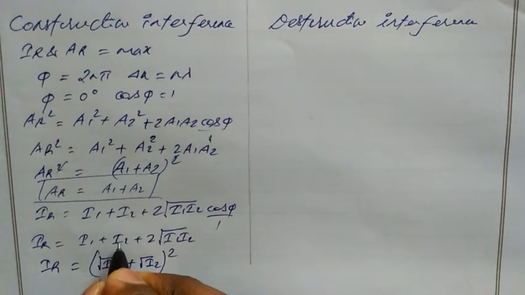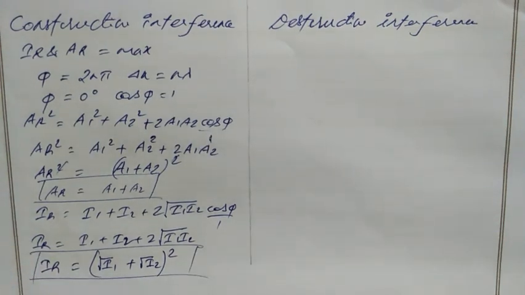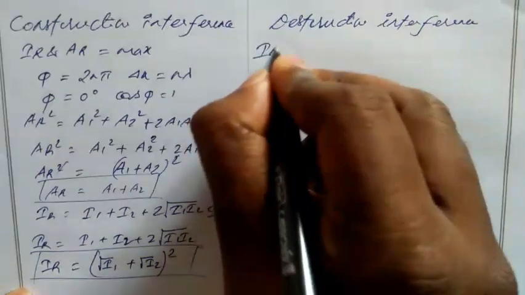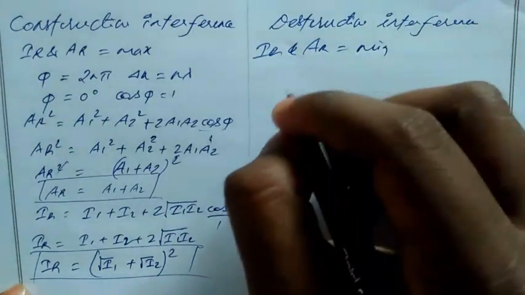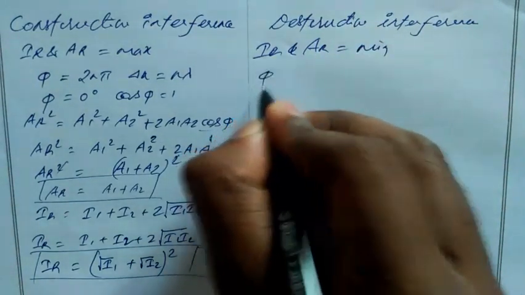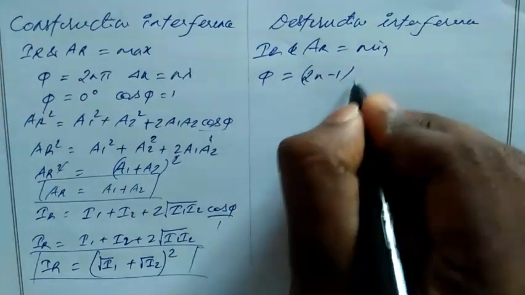Then plus 2ab, so 2 a into b. Yes, we will get the correct expansion. So this is our resultant intensity value. Then for destructive interference, IR and Ar will be minimum. Then phase difference is 2n minus 1 into pi.